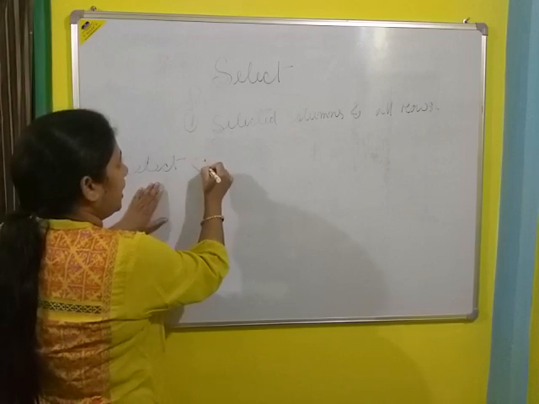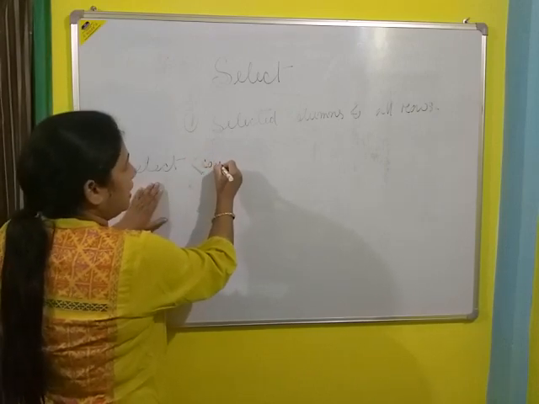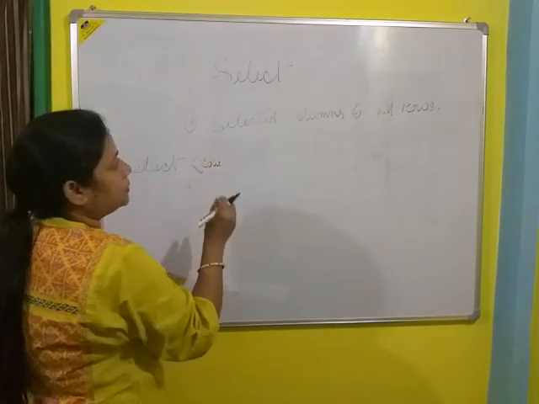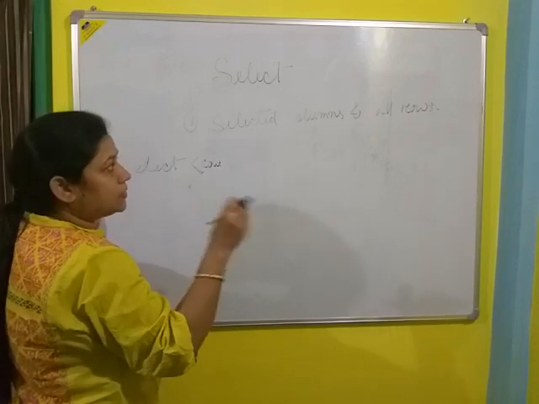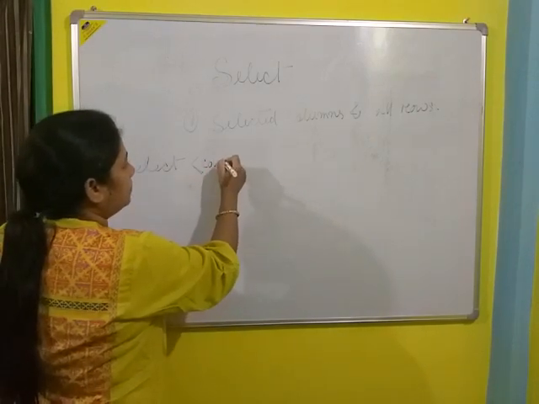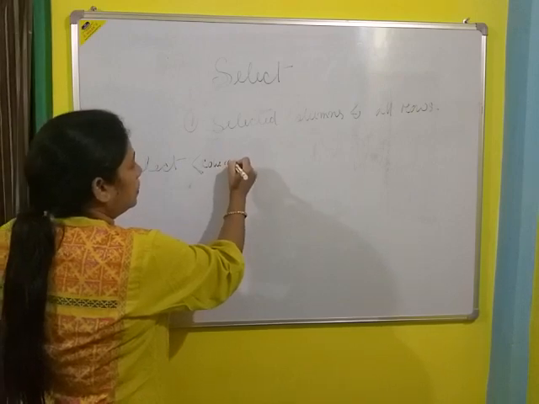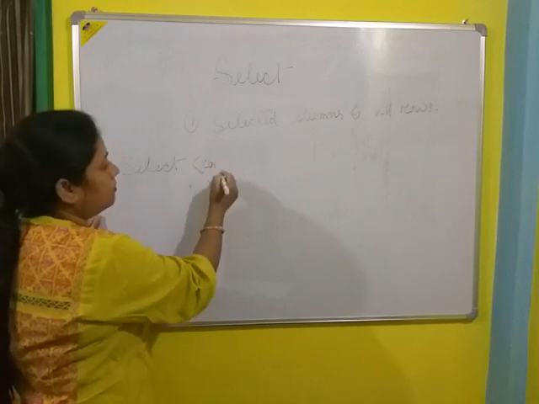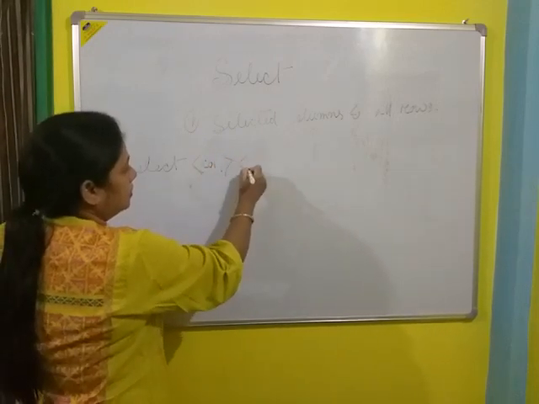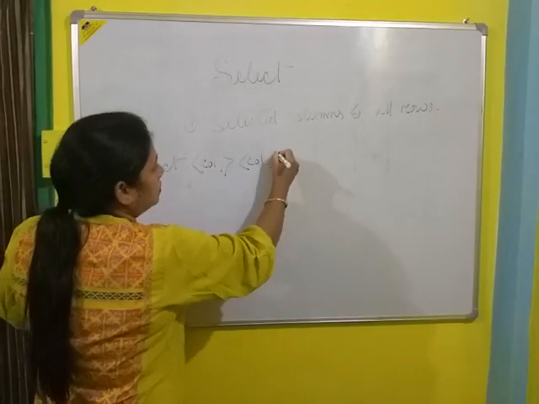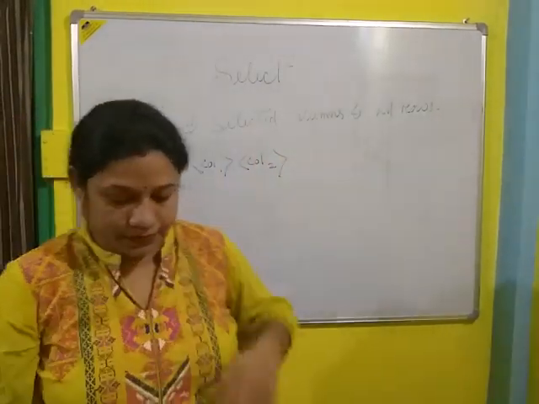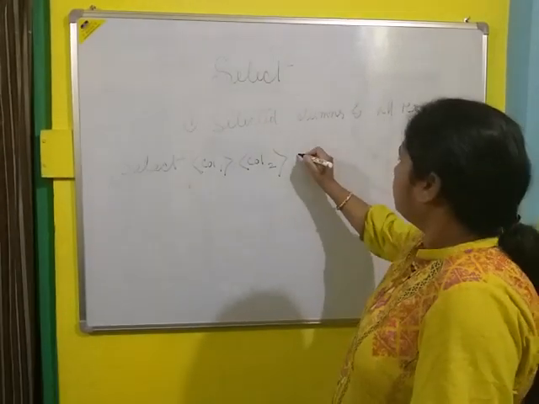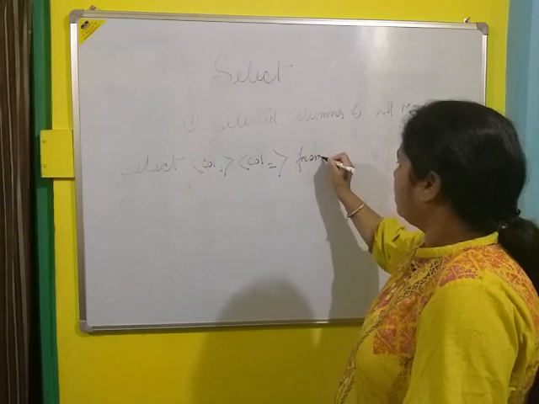In a table you have many columns, and using this first method we select some required columns of the table. In short I am using COL for column: select col1, col2 from table name.